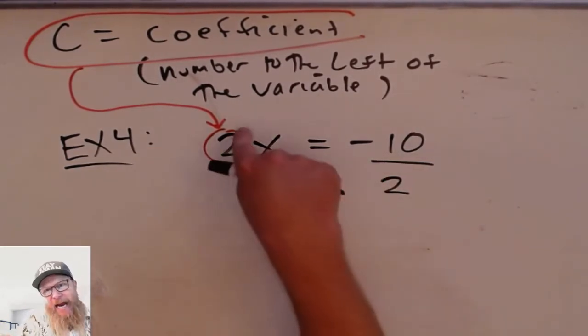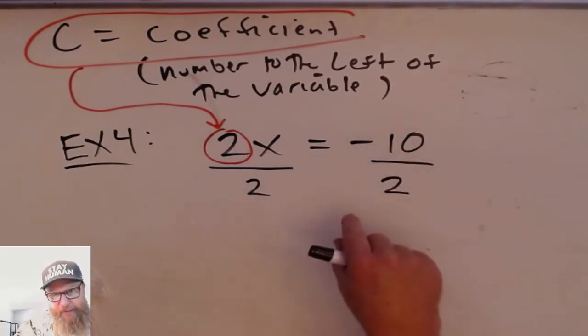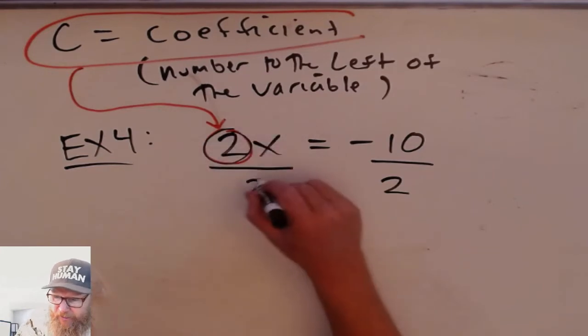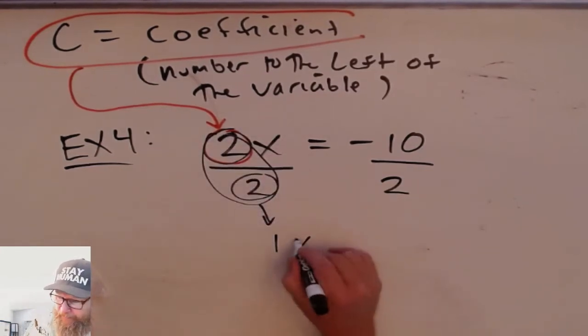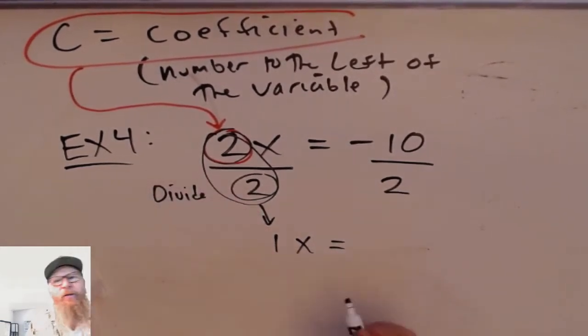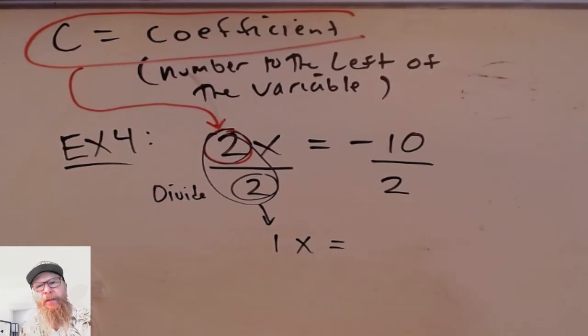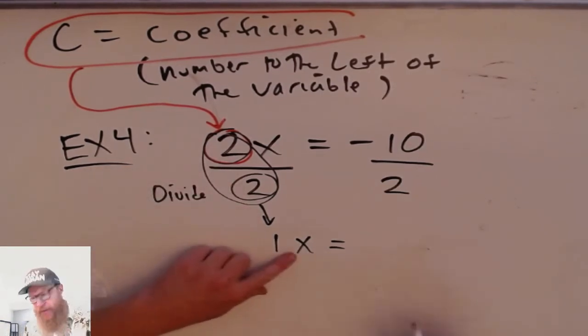So now this is A over C equals B over C. Now 2 divided by 2 becomes 1. That's why we call it the division property. So 2 divided by 2 is 1, so it's 1x.